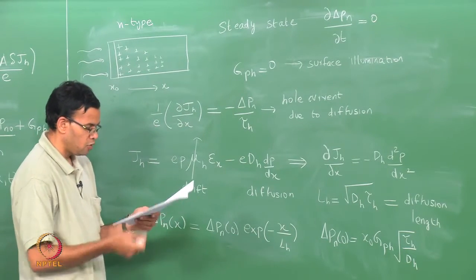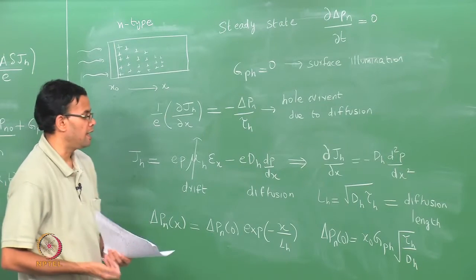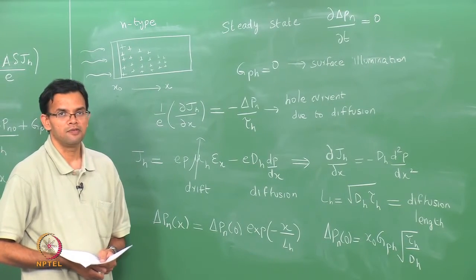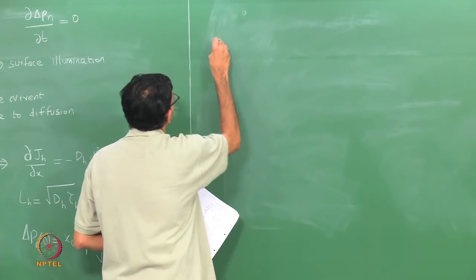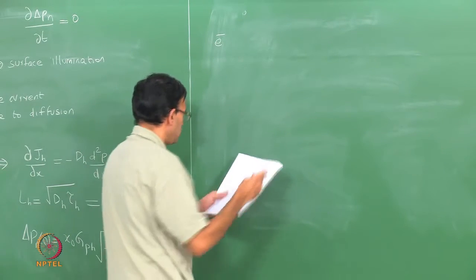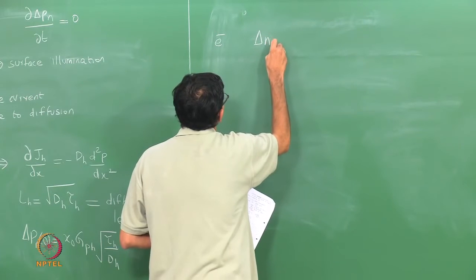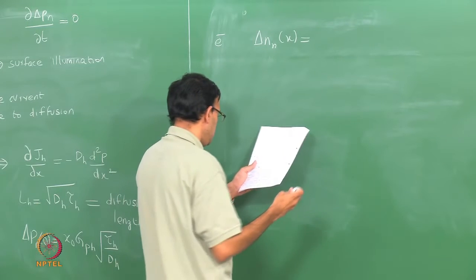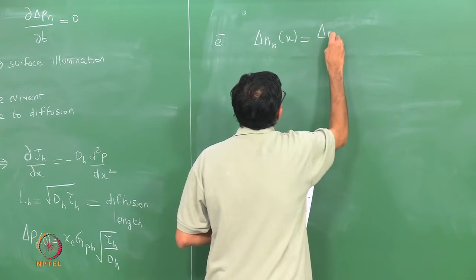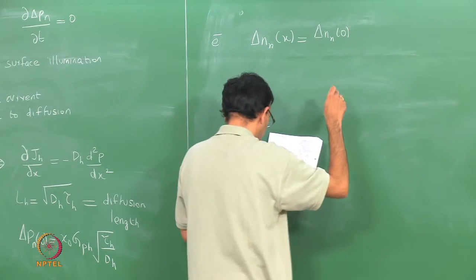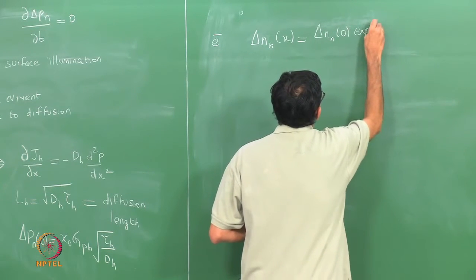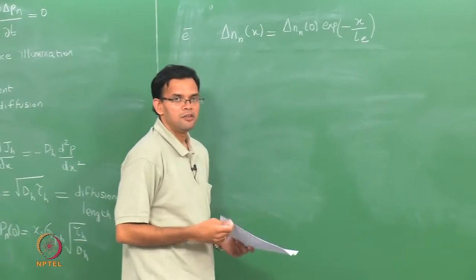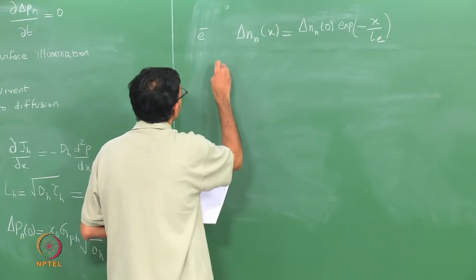So, we can write a similar equation for the electrons, and then we can plot how this carrier concentration goes as a function of distance. For electrons, we can write a similar equation. Delta n of x, which is your excess electrons that are generated, is delta Nn naught exponential minus x over Le, where Le is the diffusion length of the electrons.